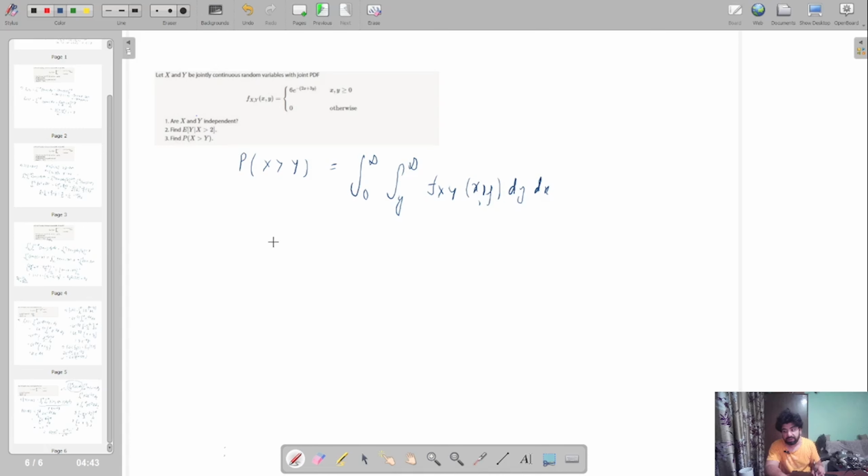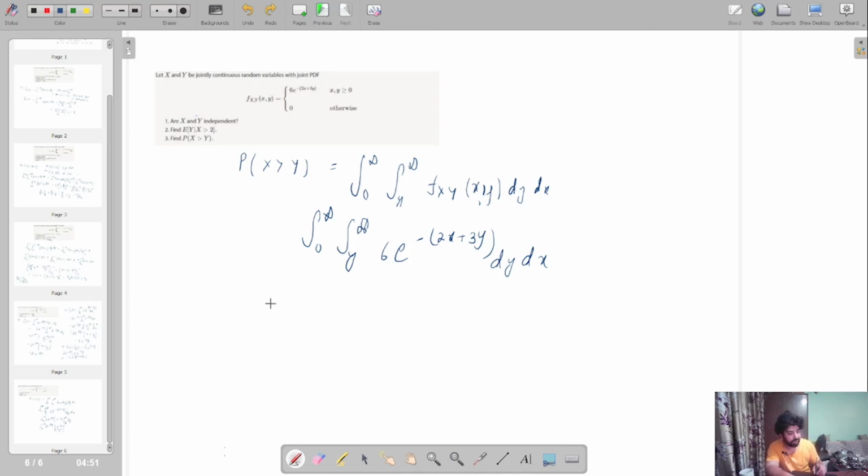So let us solve this. Now if I write it down, it is the double integral with y from 0 to infinity and x from y to infinity of 6e^(-(2x+3y)) dy dx.